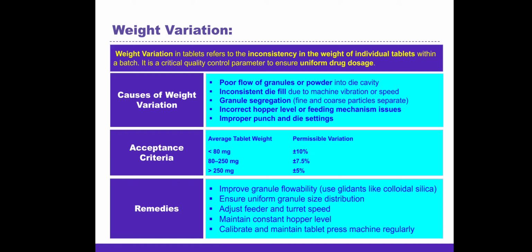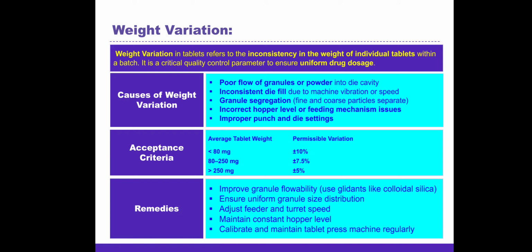Now we'll see the causes of weight variation. First one, poor flow of granules or powder into the die cavity. Suppose we are not maintaining a proper flow, then what will happen? The granule fill will not be uniform for each station, meaning some tablets will have high weight and some tablets low weight, so we should keep a proper granule flow.